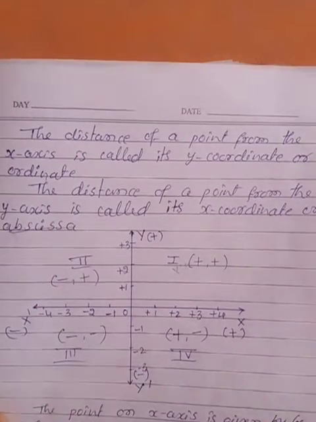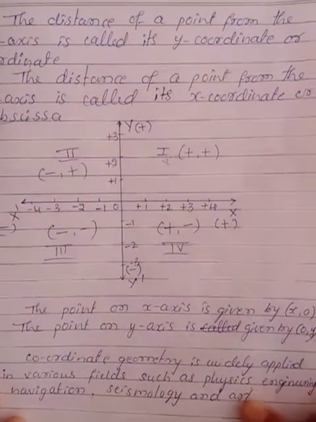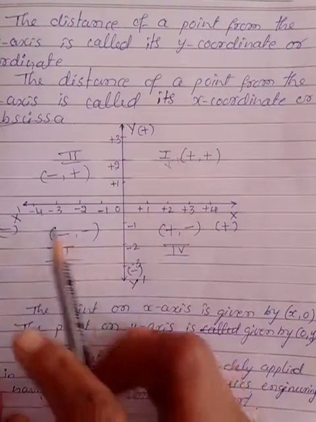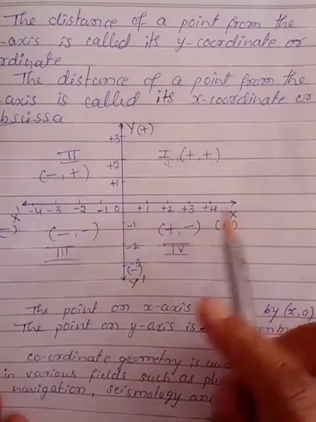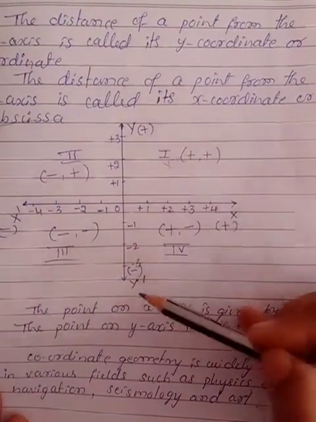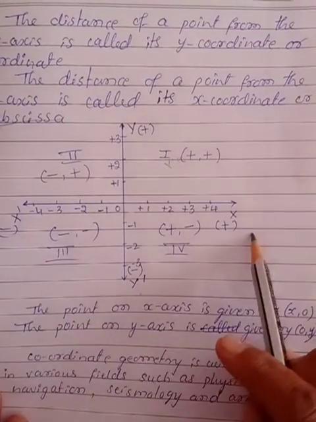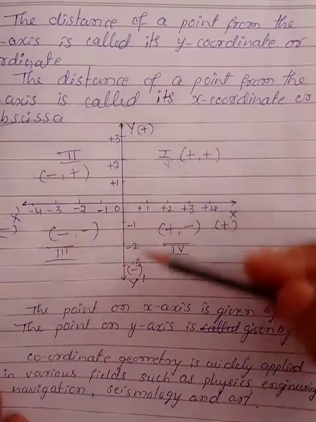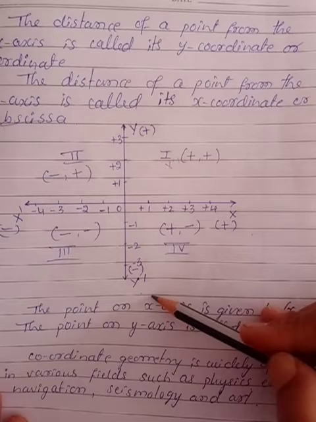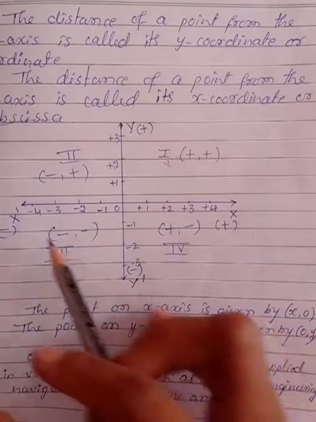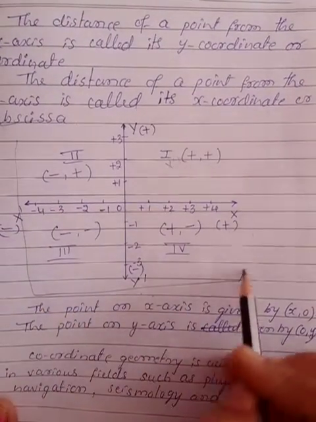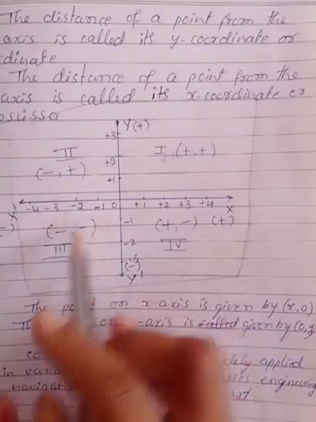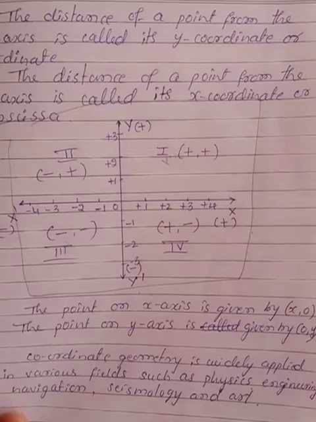One more thing you should know: here it is a Cartesian plane. We have drawn two axes, x, x dash, and y, y dash. X is on a horizontal line, whereas y is on a vertical line. By drawing these, the plane is divided into four parts, isn't it?